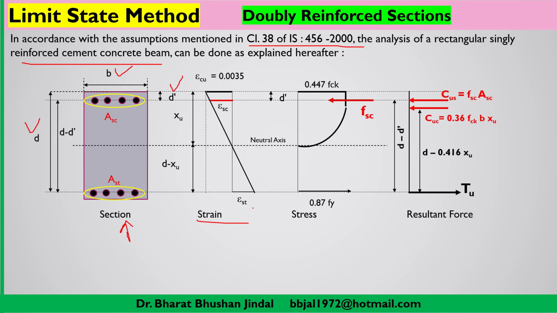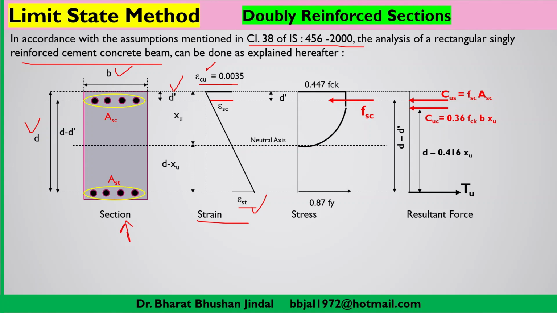Here at the bottom you can see strain, that is epsilon st, strain in steel in tension zone. And this epsilon cu, you are well aware, is the ultimate strain in concrete, that is 0.0035 as per IS 456 according to limit state methodology.